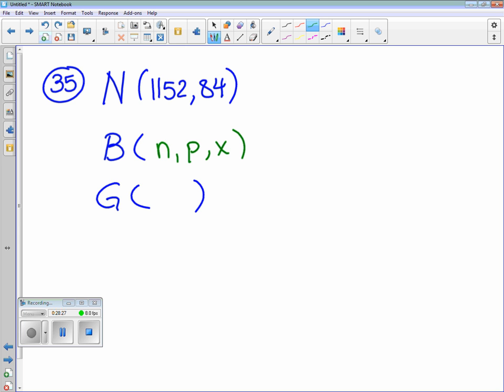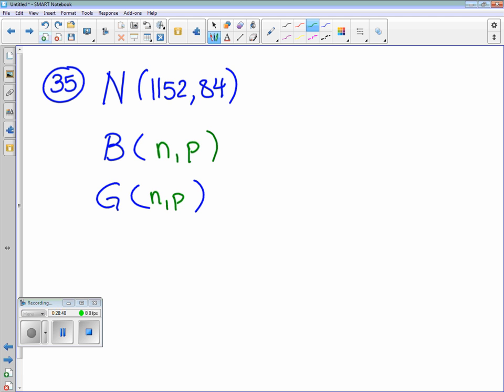What would n stand for? Number of trials, p is the probability of success, and X is what you're looking for. Often they don't give you the X because when we're just describing the model, this is what you're given. With geometric, you're given the same information, n and p.